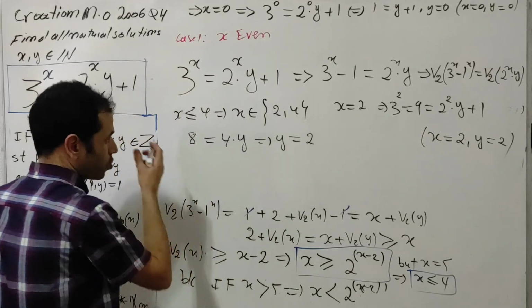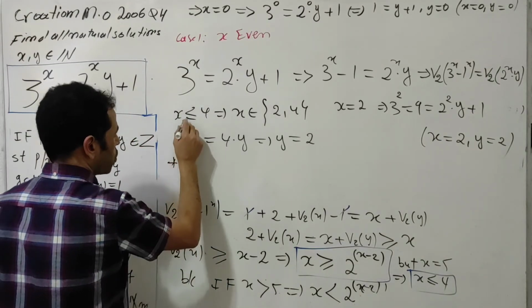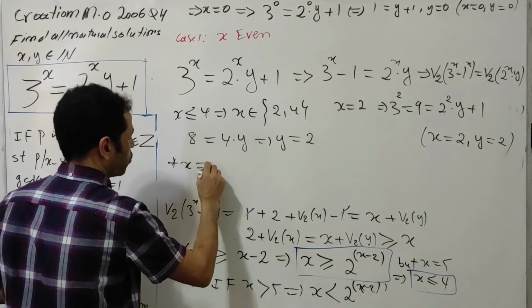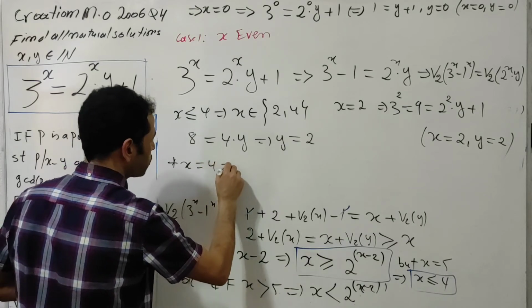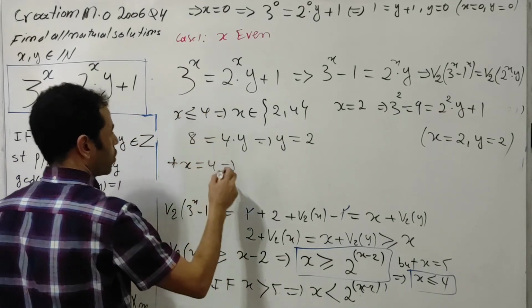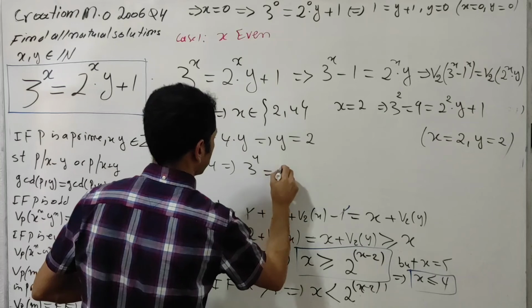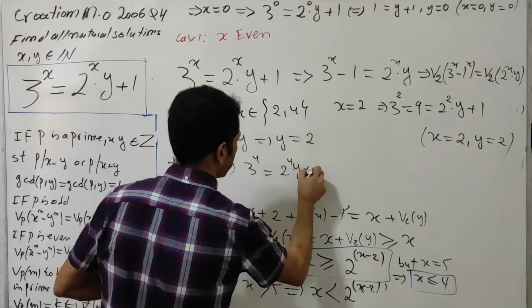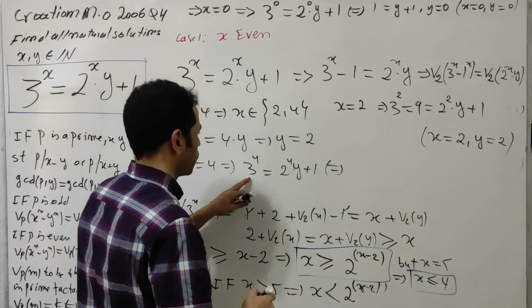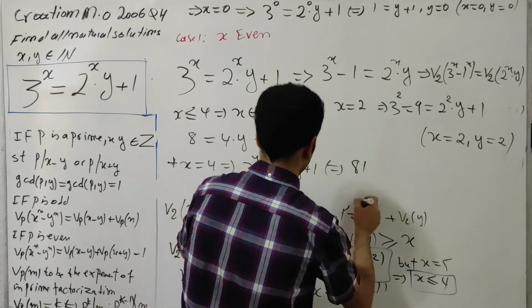I'm going to find another possibility, when x equals 4. I'm going to replace x with number 4. I will have 3 to the 4 equals 2 to the 4 multiplied by y plus number 1. Okay, 3 to the 4 gives us 81.